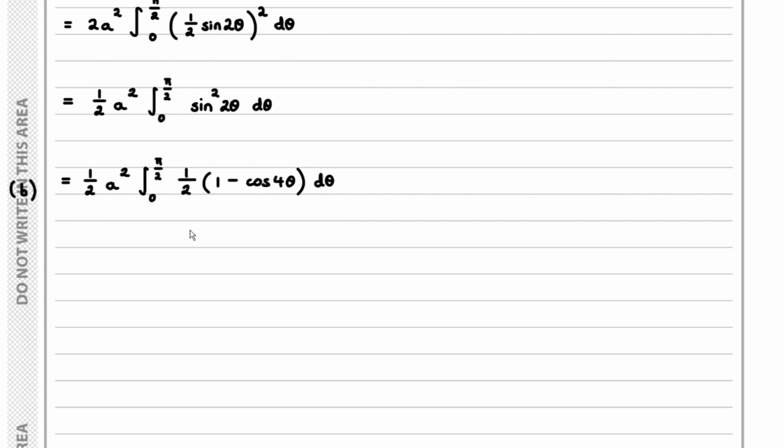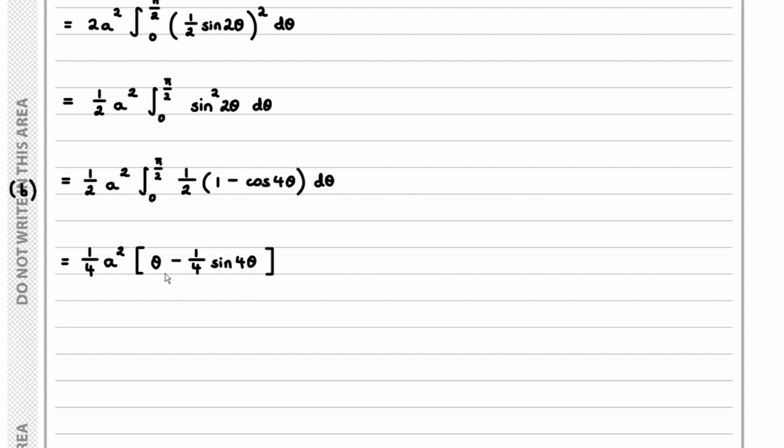So we have the 1/2 times by this 1/2, which gives us a quarter, and then we have this a squared, and we multiply by the result of integrating 1 subtract cos 4 theta with respect to theta. So if I integrate 1, I end up with theta, and if I integrate negative cos 4 theta, I end up with negative a quarter sine 4 theta.